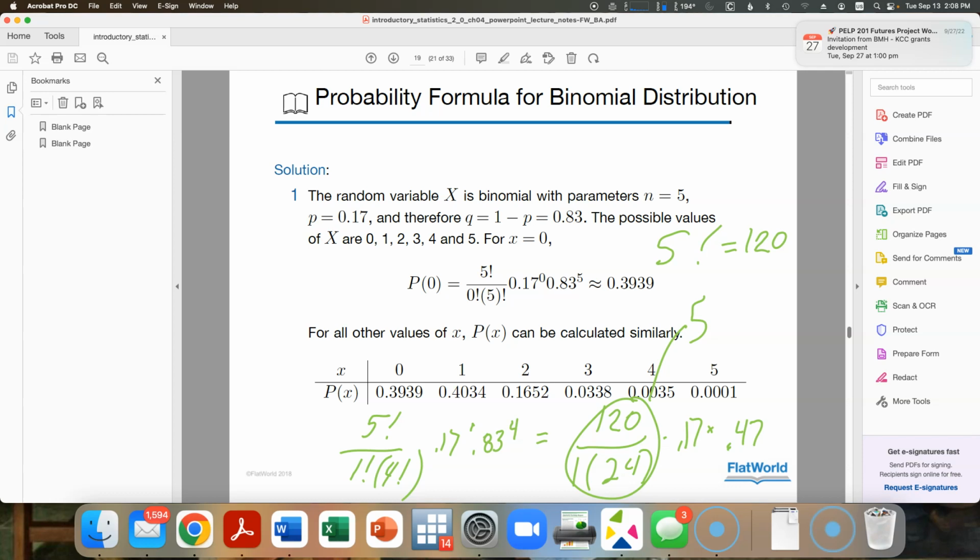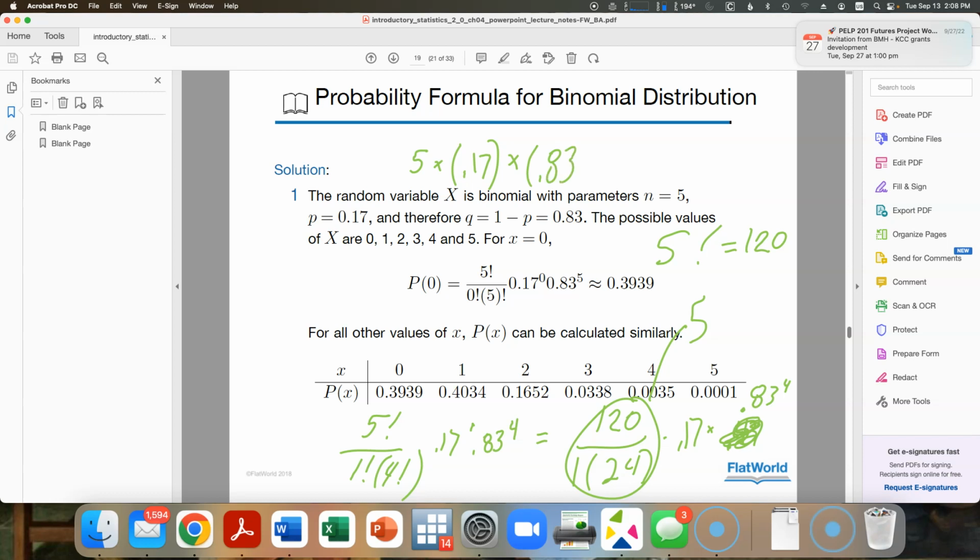I can't show it to you, but sorry. In your calculator, if you want to get the exact same number as this, don't put in just 0.47. Put in 0.83 to the 4th. So in my calculator, what I typed in was 5 times parentheses 0.17 times parentheses 0.83.